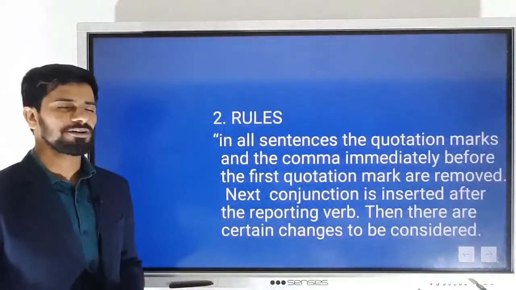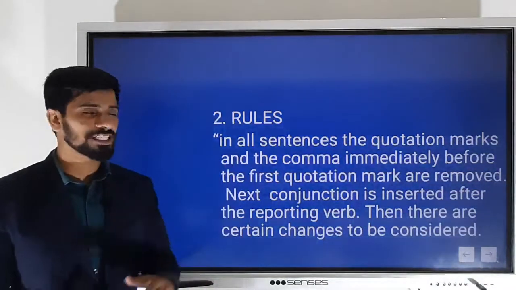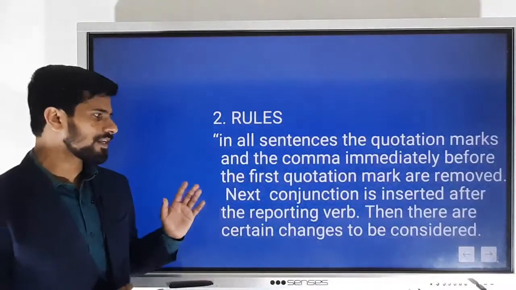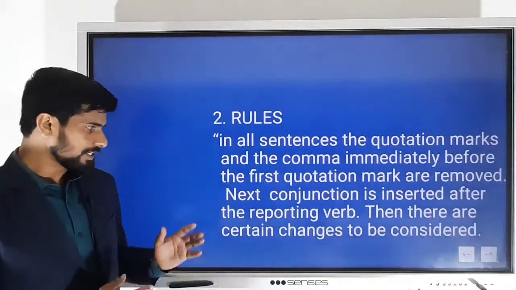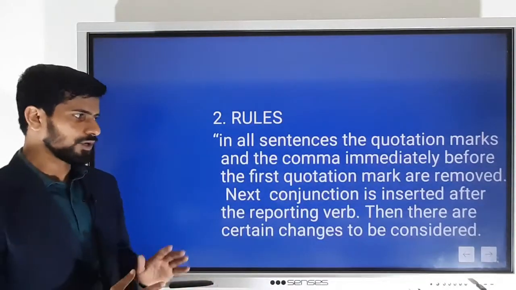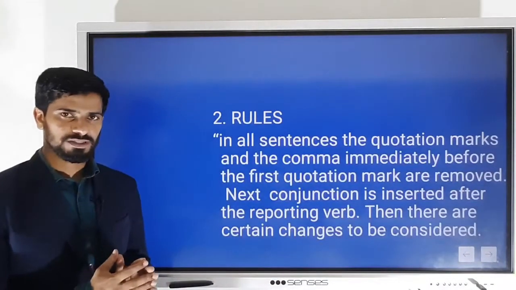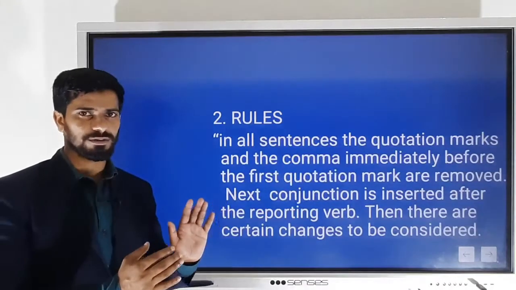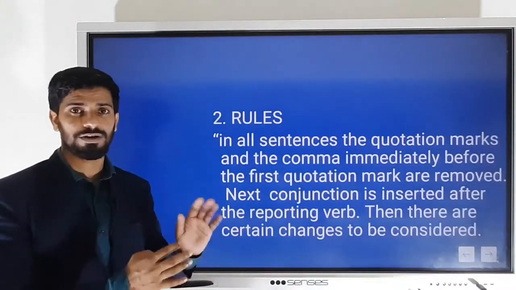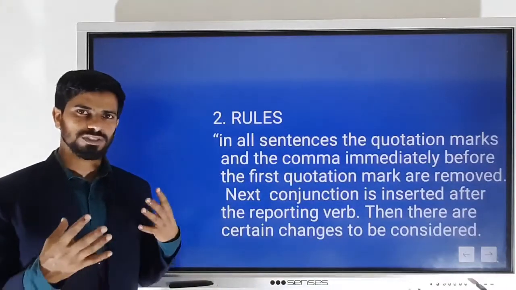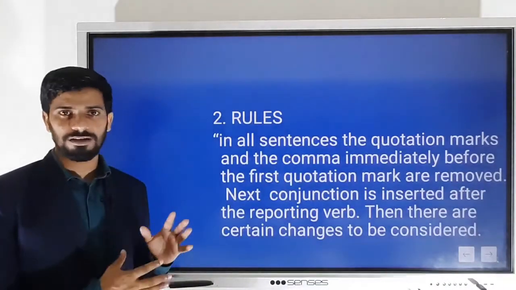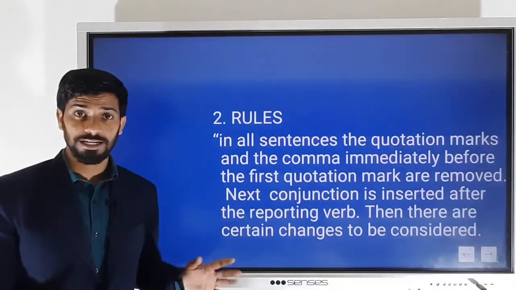So as it is said here, you'll have to remove the quotation marks and the comma immediately before the first quotation mark, and after removing all this, you have to add conjunction. Right. So after that, when you convert that sentence, you will have to make some other changes in tense, say changes in the words that show time, place. Okay, we'll learn all these things elaborately now.